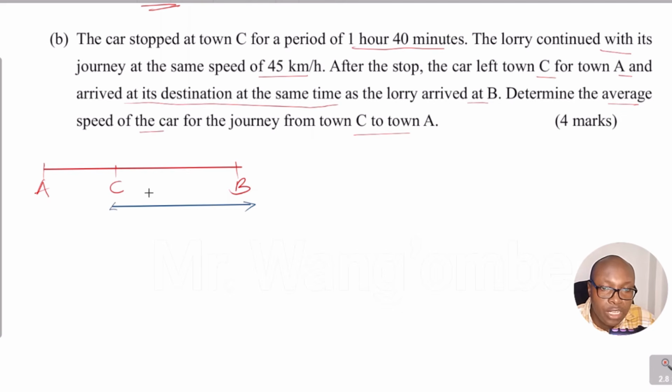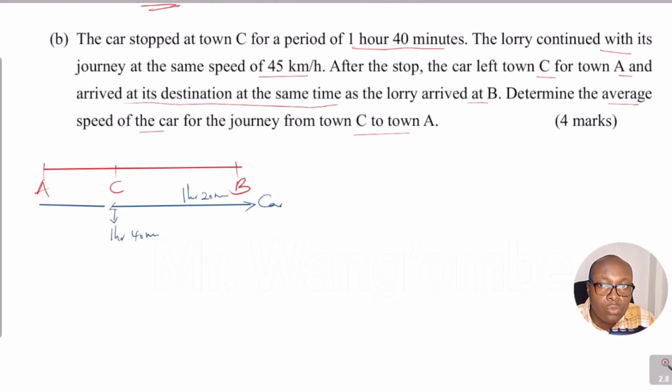We just calculated the time taken to meet from B to C. This is the car. It used the same time, 1 hour 20 minutes. Then upon reaching C, the car also stopped there for 1 hour and 40 minutes. And then it continued with the journey from C to A.